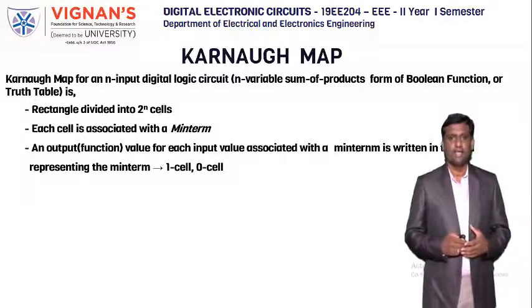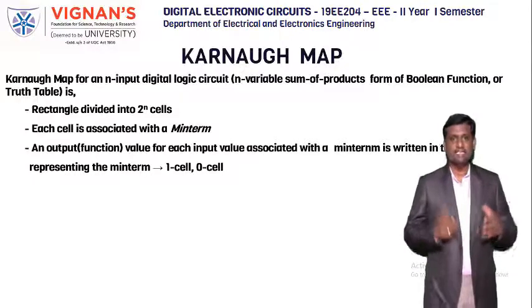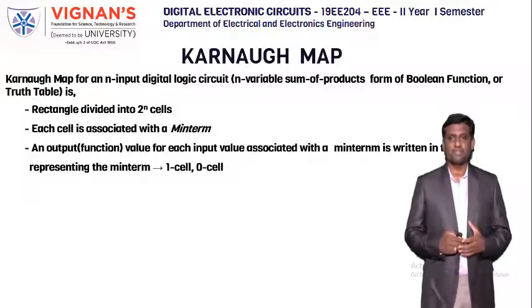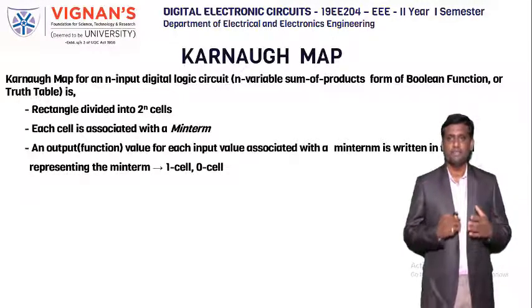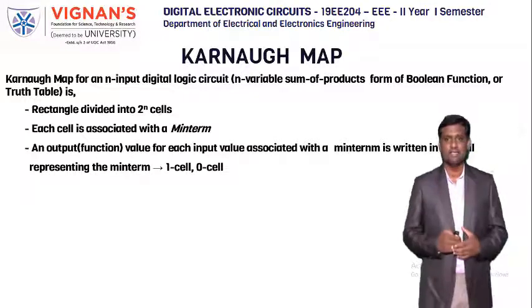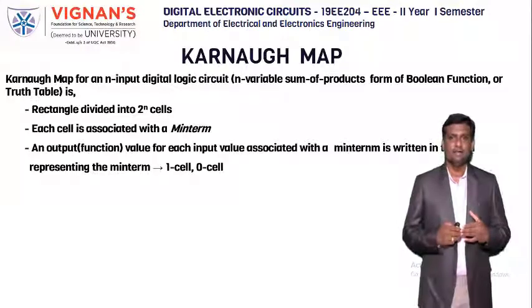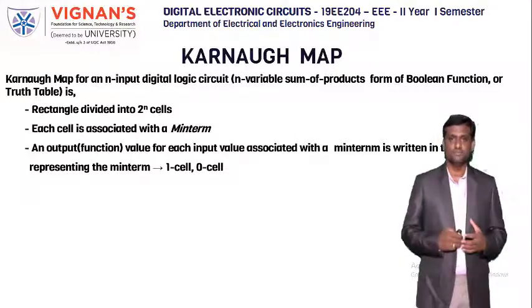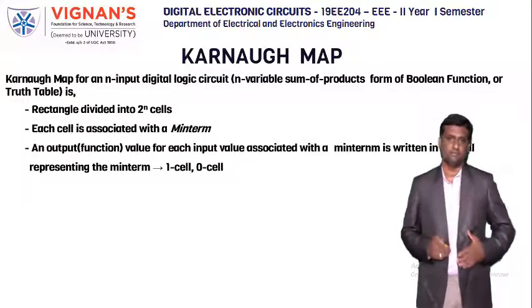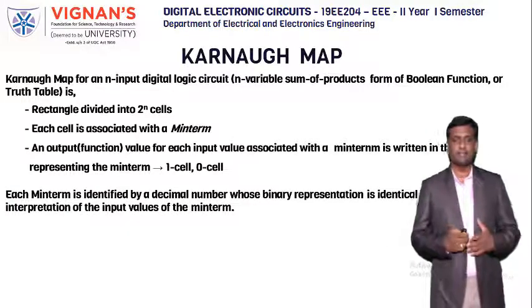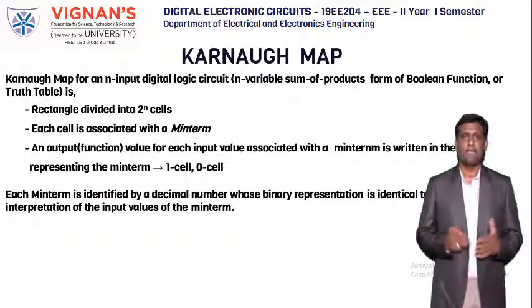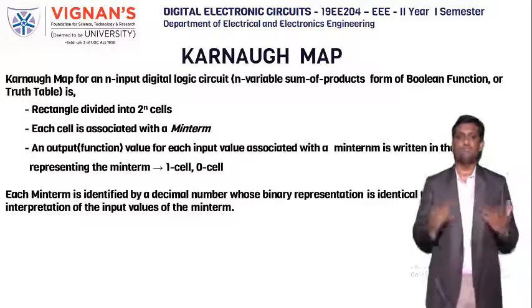So the output value for each input value associated with a min term or max term is written in the cell, representing 1 for the min term and 0 for the max term. This is the representation of a K-map for any number of variables.